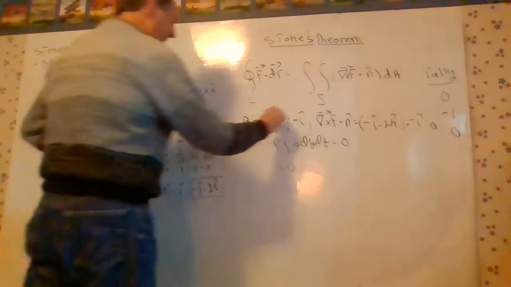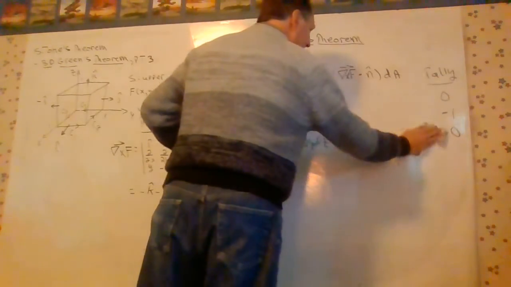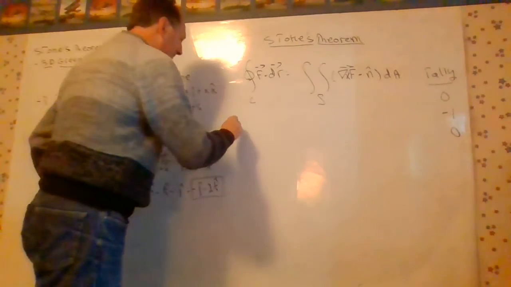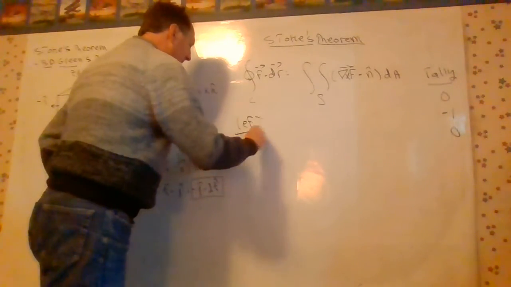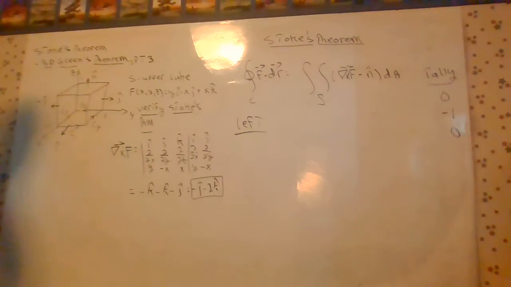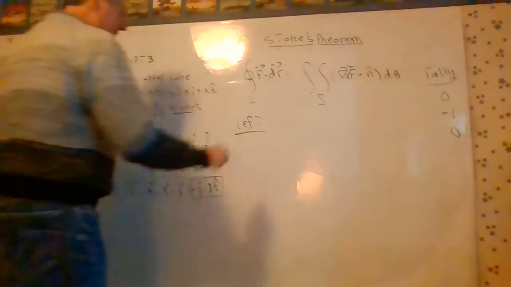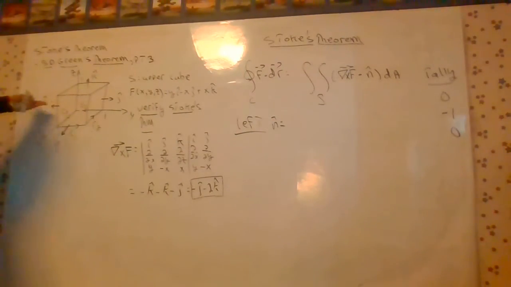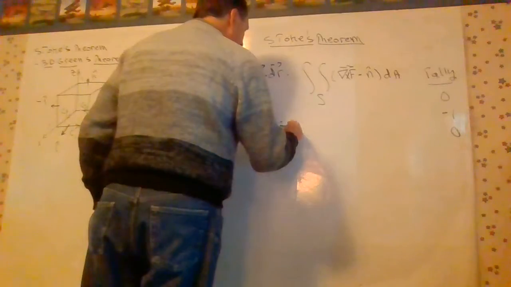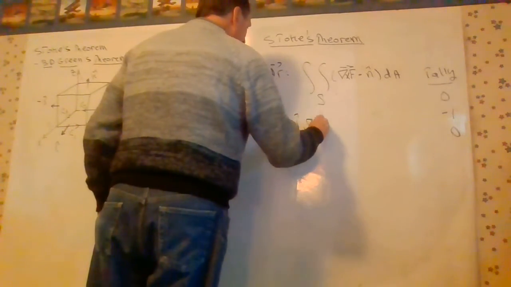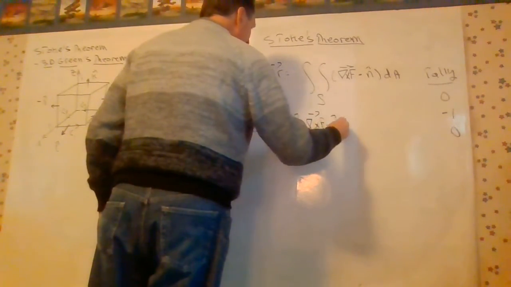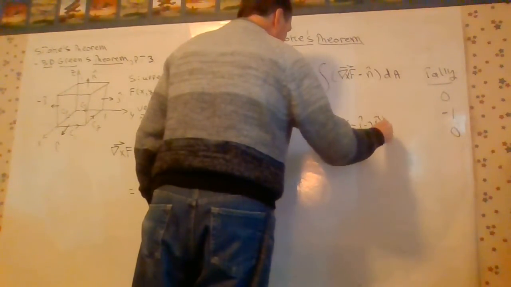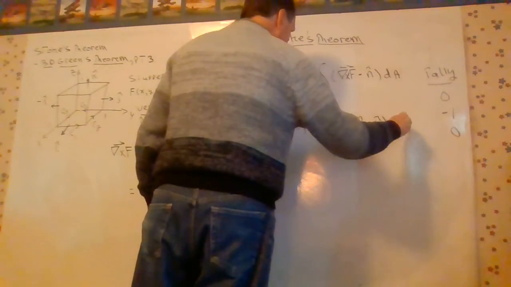And then we'll do the left side. In this case, the normal vector is negative j, it's pointing back here. Del cross F dot n is negative j minus 2k dot negative j.